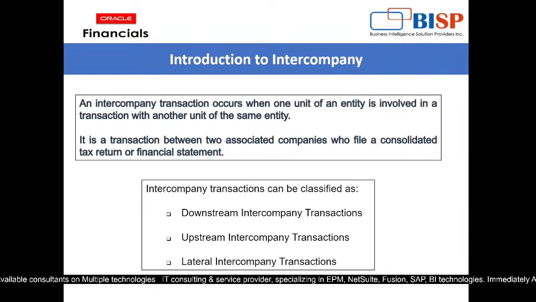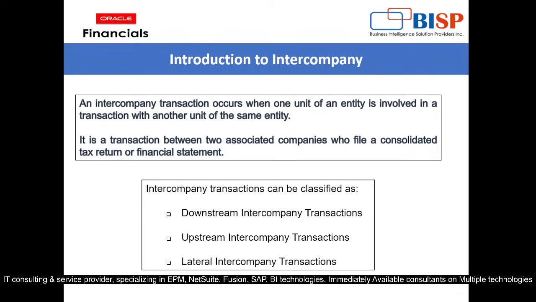The accounting treatment for intercompany transactions is such that both entities have to recognize the transaction. An intercompany transaction is recognized in the financial records of both units of the entity. From the consolidated entity perspective, the transaction is initially unrealized because unrelated parties are not involved.